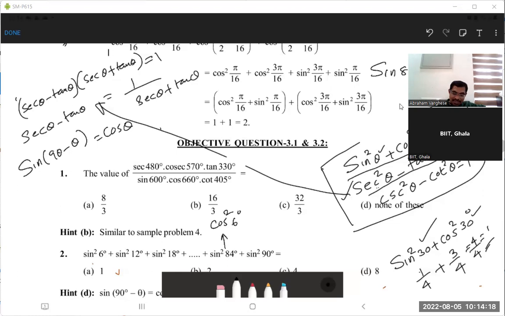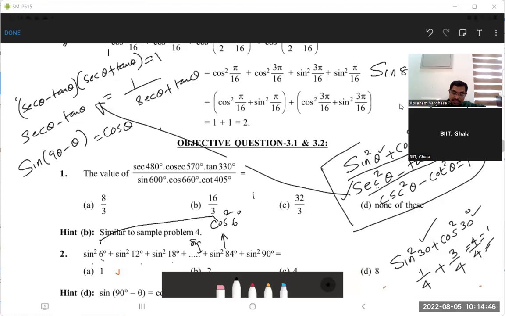Now you see here, sin square 6 degree plus cos square 6 degree. I can combine. What are you getting? It is equal to 1. Similarly, what about the previous term? This is 6, 12, 18. That means the difference is 6. The previous term will be 84 minus 6, so it will be 78.